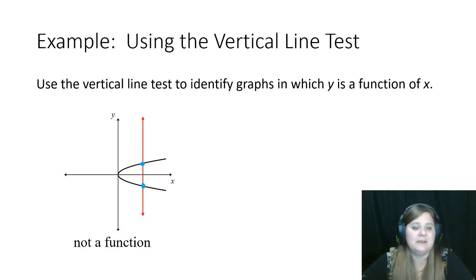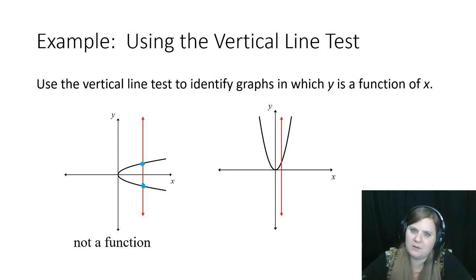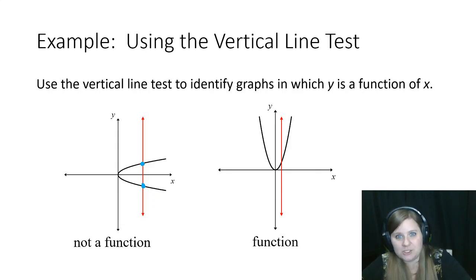So this is not a function. Okay. Then we have this graph here. Is there anywhere I can draw a vertical line that goes through more than one point? No, there is not, because no matter where you draw that vertical line, it's going to go through one and only one point. So it is a function.